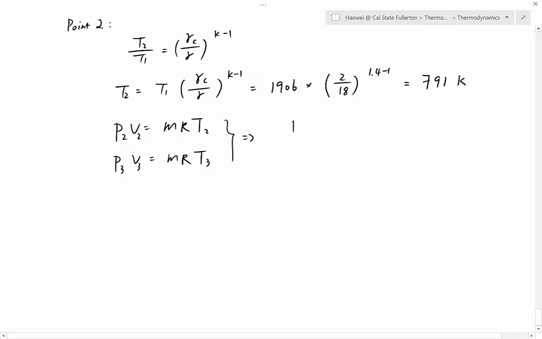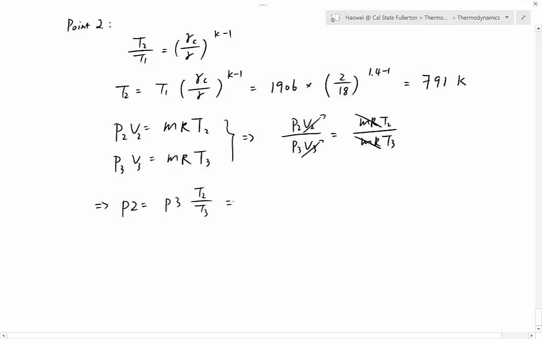So now let's do left hand side over left hand side equal to right hand side over right hand side. We can cancel MR just like before. We can also cancel V2 and V3. Why? Because V2 is equal to V3. 2 to 3 is a heat loss process at constant volume, so V2 must be equal to V3. And from here, we can easily find P2. P2 is equal to P3 times T2 over T3.